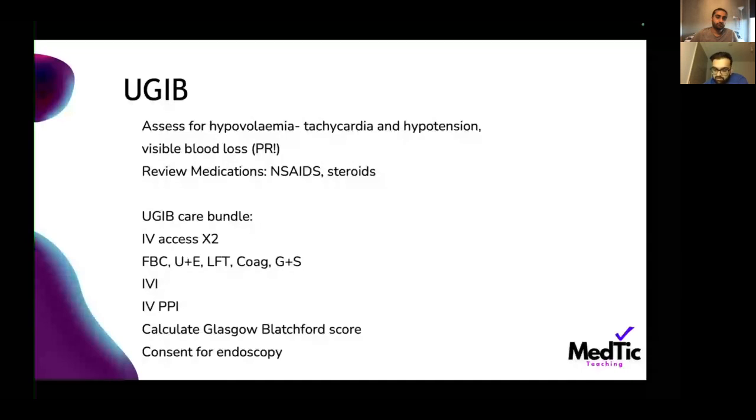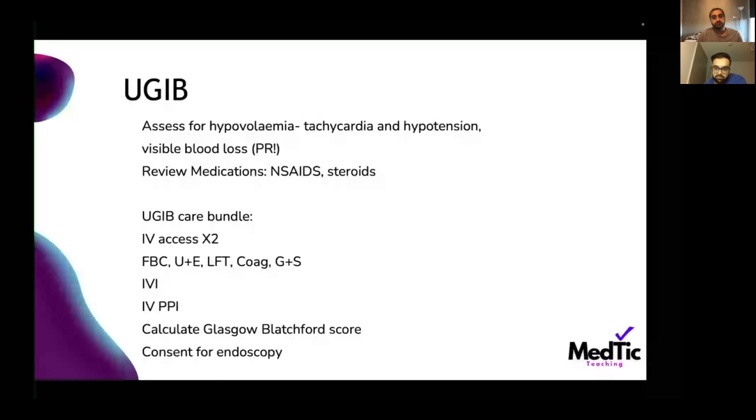Of course, check for visible blood loss from both the mouth and the back passage, so you will need to do a PR exam, and also review medications, such as NSAIDs and steroids, which increase the risk of developing ulcers and subsequently ulcers which bleed.